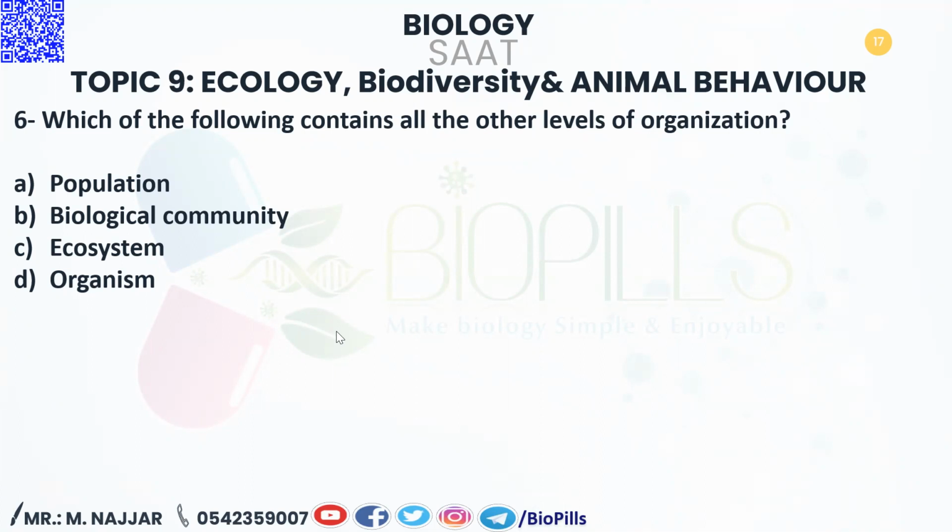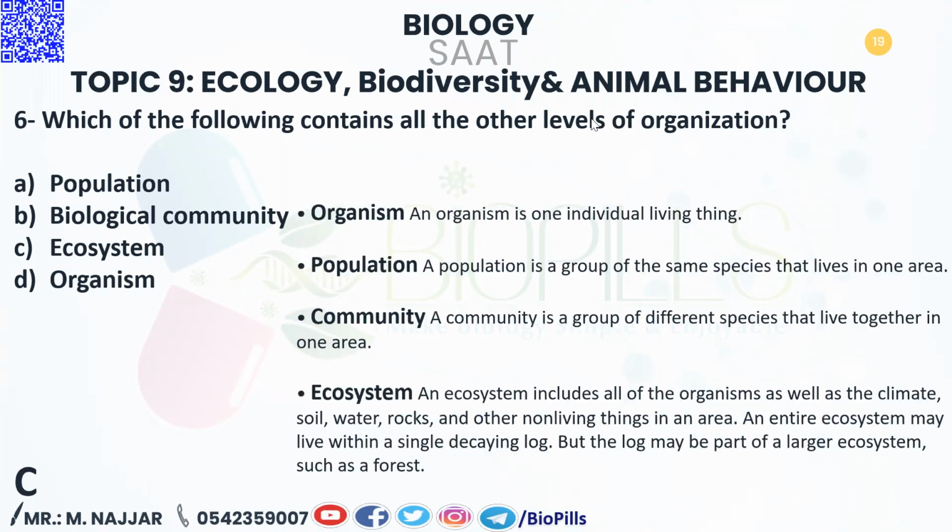And of course, in those options, the highest level of organization is considered the ecosystem. Why? Because let's start from the smallest to the much more general. So the basic here is the organism.